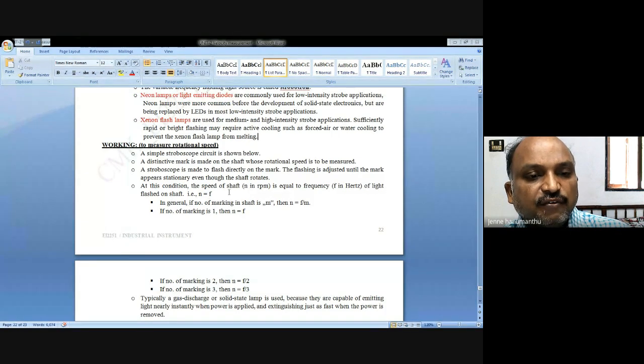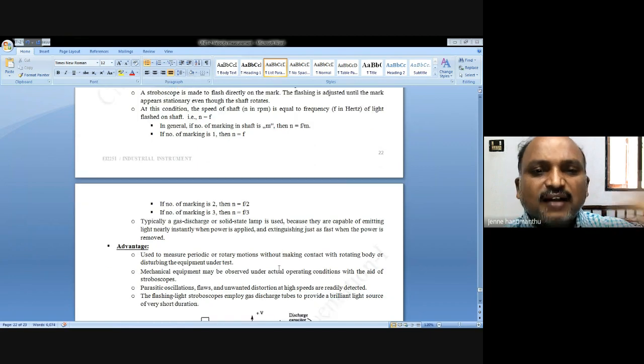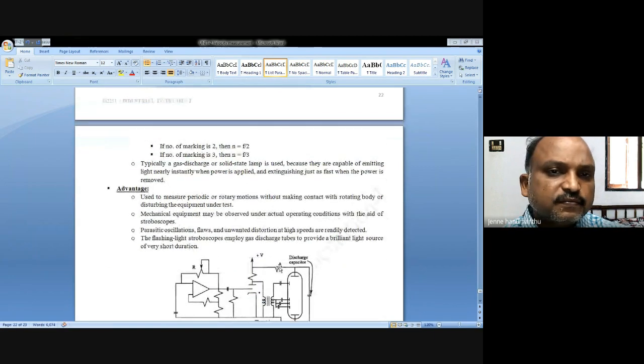So n equals f. If markings are m, we can write n equals f by m. If marking is 1, n equals f by 1, so n equals f. Markings are 2, f by 2. If markings are 3, f by 3. So that gives directly the unknown angular speed of the moving object.